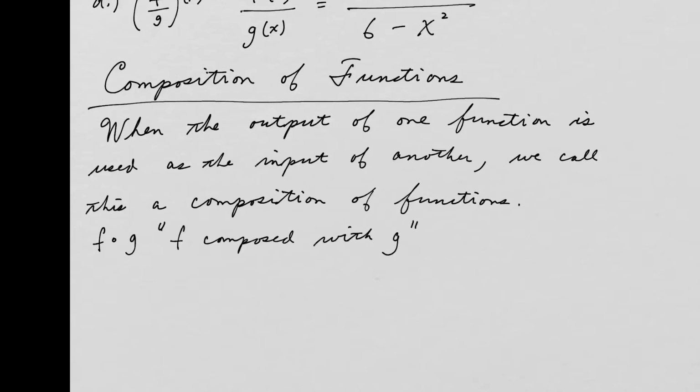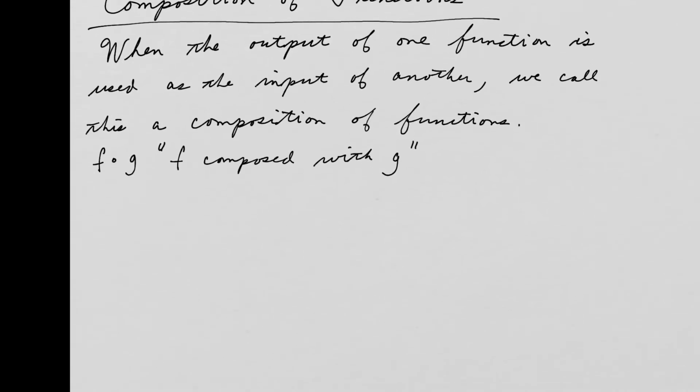Okay, and then the way you should interpret this, so f composed with g of x means f of g of x. So think of it now, g of x is sort of like the input to the f function, right? The outside function is the f function, and g of x is the inside function. It's the input to that outside function.